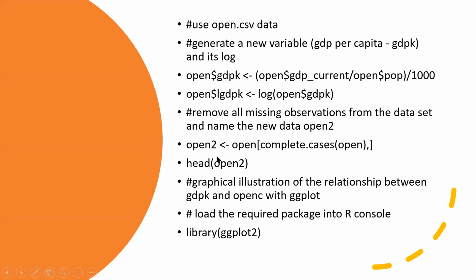Whether you are using Penn World Table or you collect the data yourself and try to calculate the openness, one problem that you will encounter is NA, which is missing values. So how do I delete all the missing values so that I am left with clean data without any missing value?